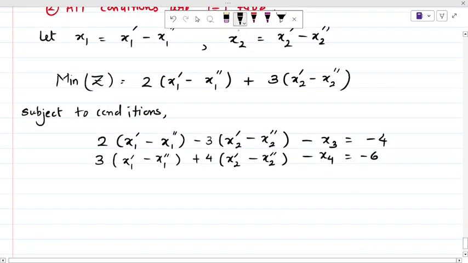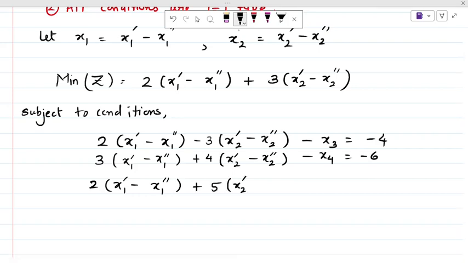Okay, and then here we have 2x1' - x1'' + 5x2' - x2'' + x5 = 10.